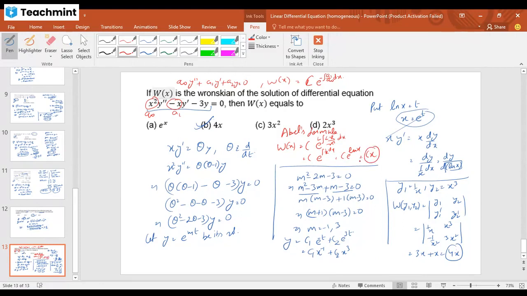That is a constant multiple of x. So this is not a constant multiple of x, this is not, this is not. So the correct option is the one with x only.